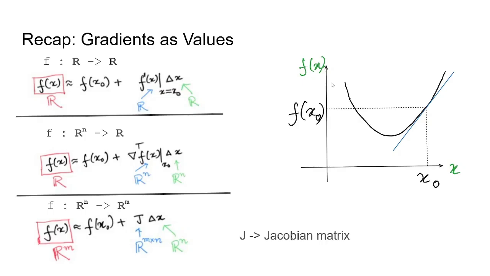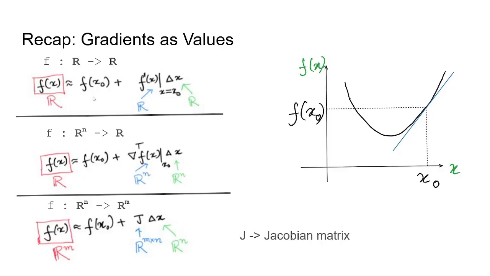Let's do a brief recap of gradients because it's going to help us discuss some concepts that will be useful later. So here we have x and f(x), and the derivative of f(x) at a particular point x0 is really a linearization of the function at that point. So let's think of scalar input and scalar output.